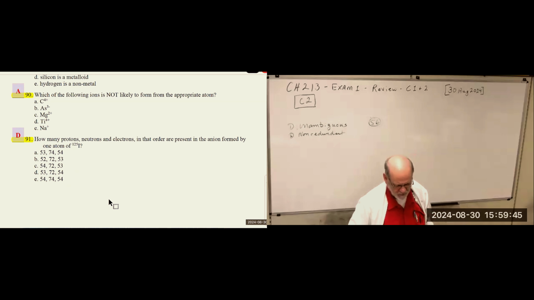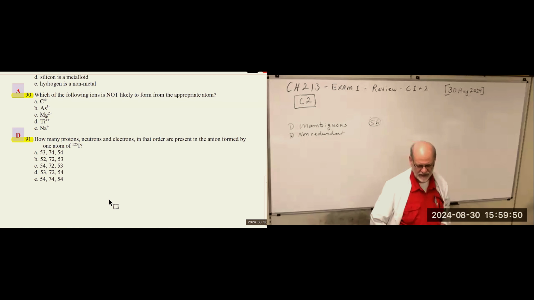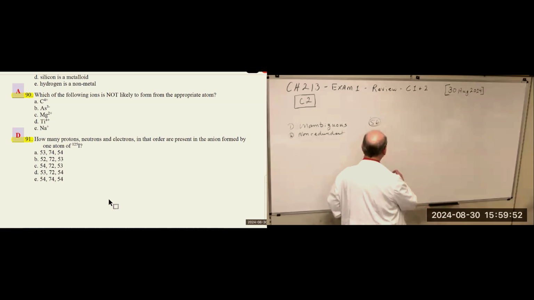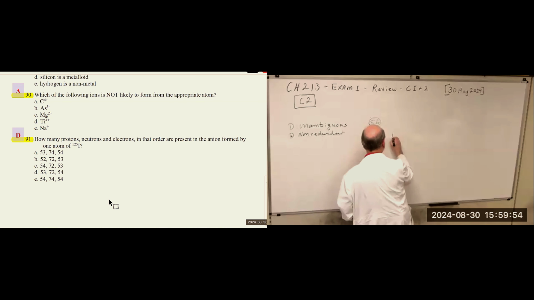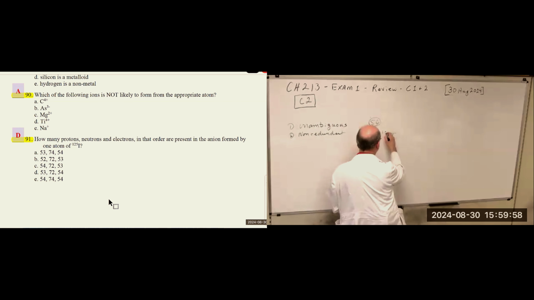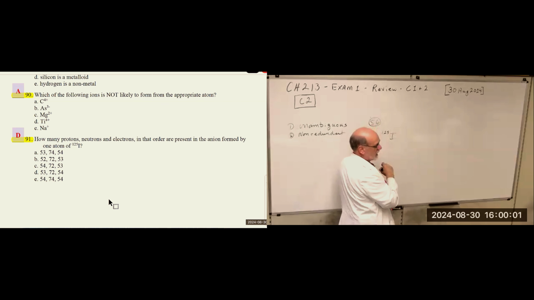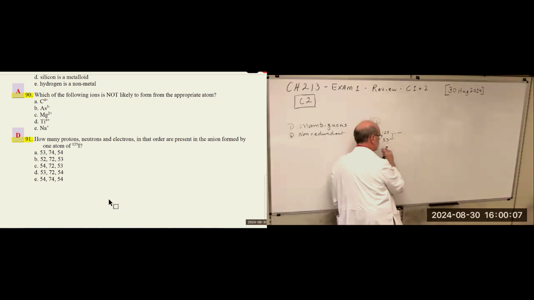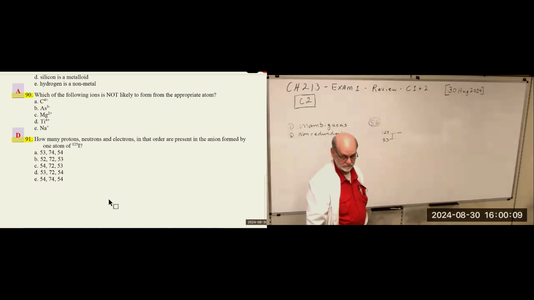How many protons, neutrons, and electrons in the order are present in an anion formed by one atom of iodine? When it says anion for iodine, it's 125, and iodine has 53. The anion formed from it is always just a -1.